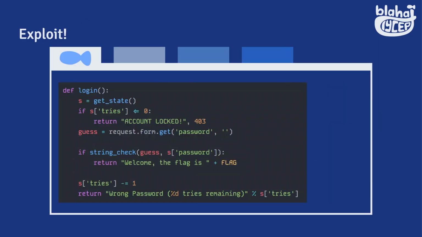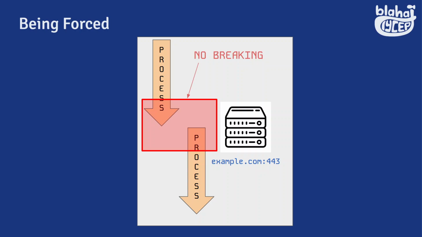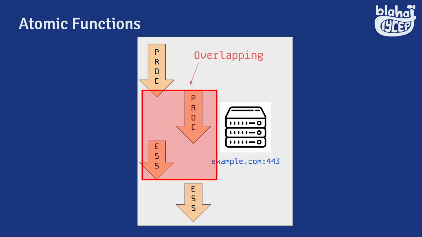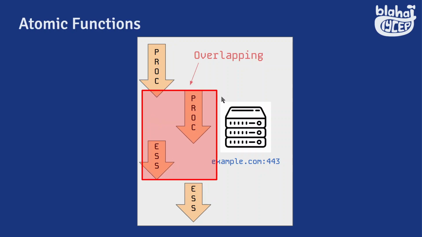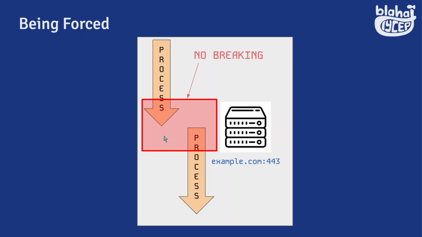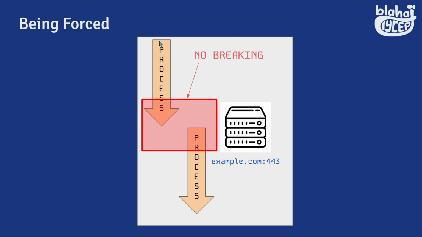So if we go back to our example here, basically it will force our requests to not be overlapping. So it will go from this to this. And you can enforce that with this thing called a lock. So a lock makes sure that when the process is running, it has a lock.